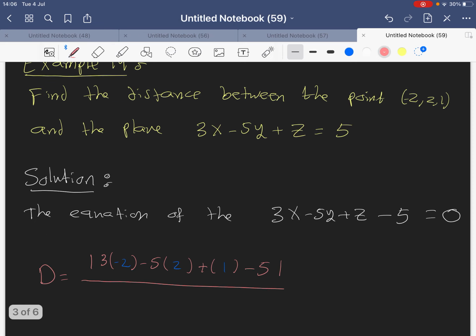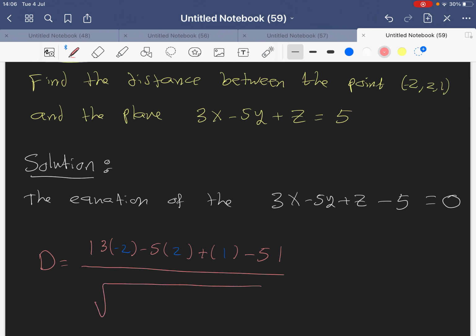And down there, we have to divide by the square root of a squared, b squared, and c squared, which is 3, -5, and 1. Remember, this is a, this is b, and the number here is c.